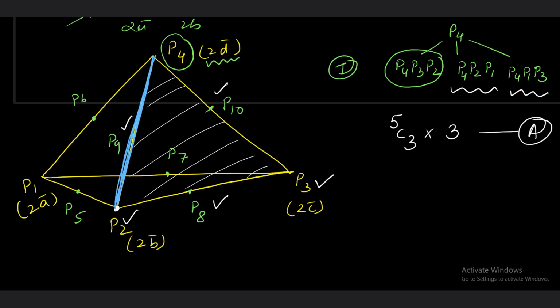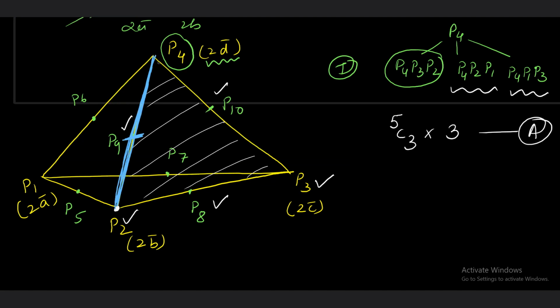So consider P4 P2. How many points have we already selected? 3 points are already selected, right? P2, P9, P4. These 3 points are already selected. Now that we have selected these 3 points, we have to select one more point. We have to select the 4th point in such a manner that it becomes coplanar with these 3.